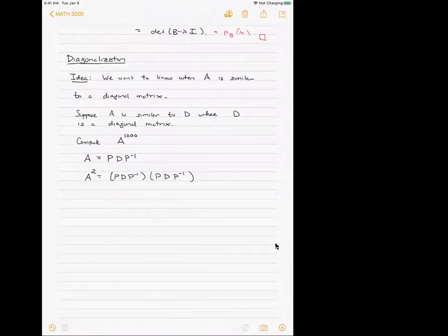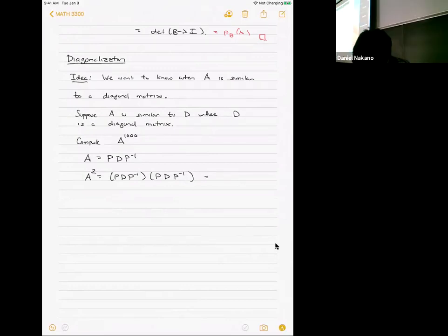So this is going to be P D P inverse P D P inverse, which is P D squared P inverse. Aha. So we see a pattern going on here.